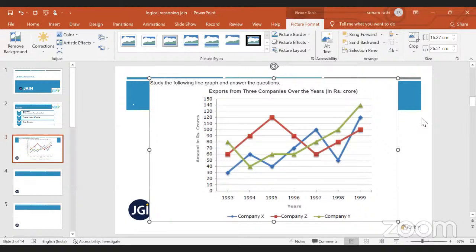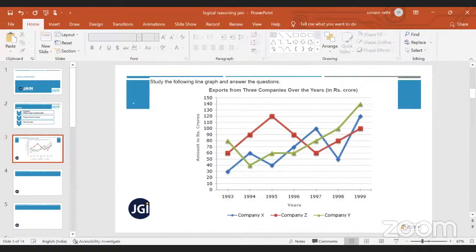Read the question. Study the following line graph and answer the questions. Exports from 3 companies over the years. You can see company X is in blue color, company Z is in red color, and company Y is in green color. Please note down the data.